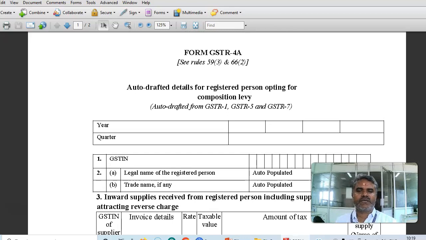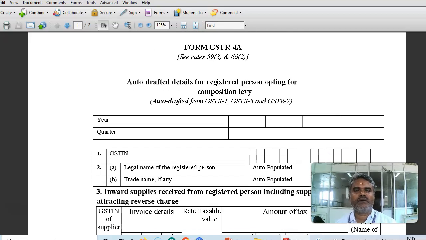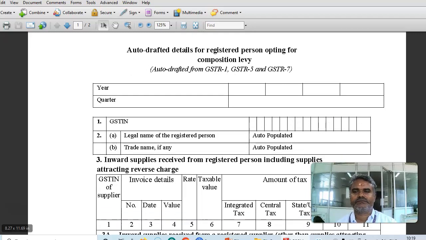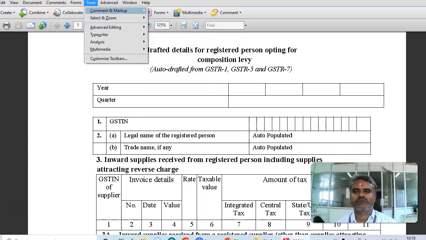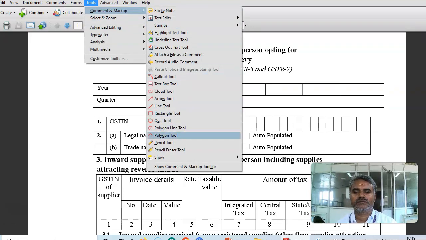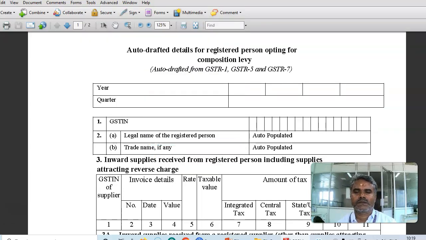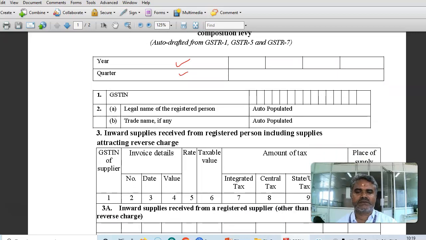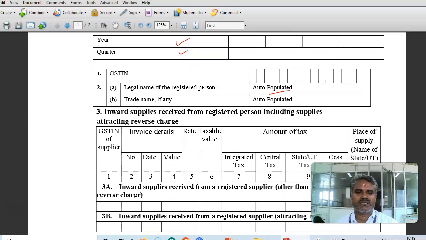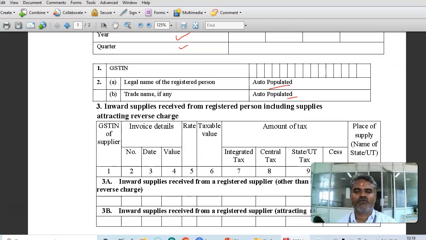Auto drafted details for registered person opting for composition scheme. So this form is auto populated based on the GSTR 4. Okay, you see. Here you give year, quarter, GSTIN, legal name of the registered person. No problem, because it is auto populated based on return 4.